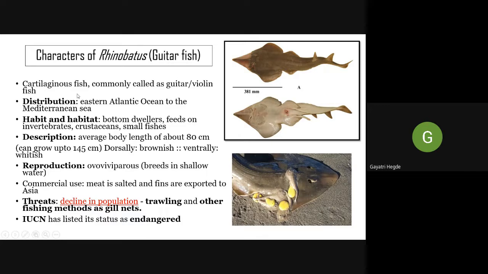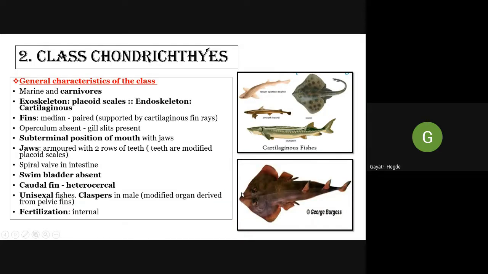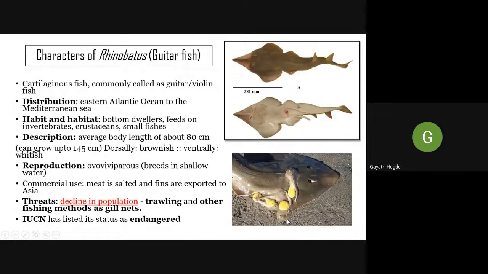So it is a cartilaginous fish. It is commonly called guitar fish or violin fish because of the shape of the body. Okay, it resembles a guitar or violin. So in common terms, it is called guitar fish or violin fish. So it belongs to the family Rhinobatidae. Okay, the fish that we are studying is Rhinobatus. I did not mention species also because it was the same.